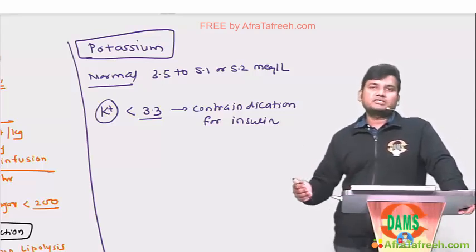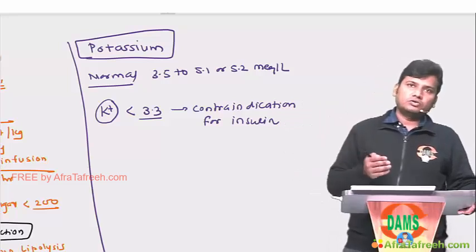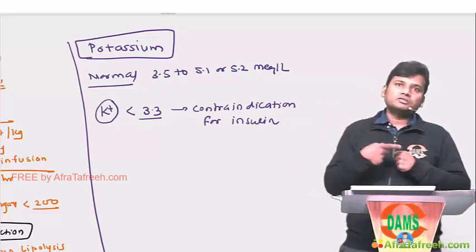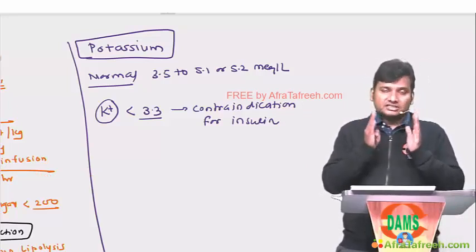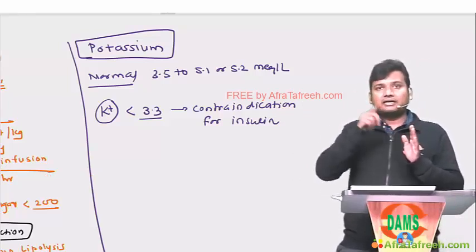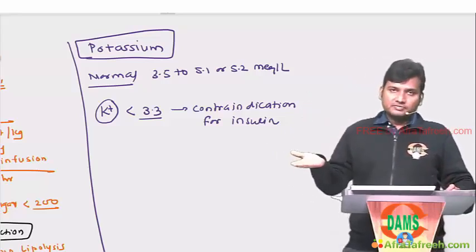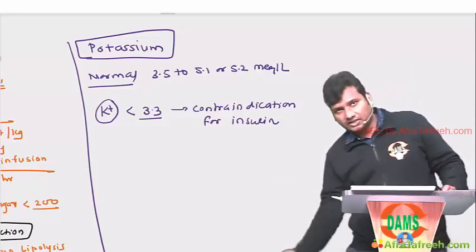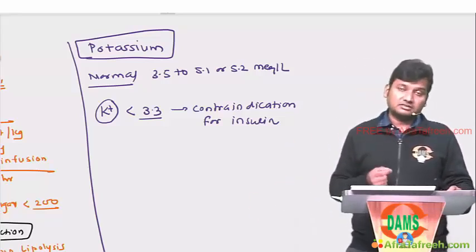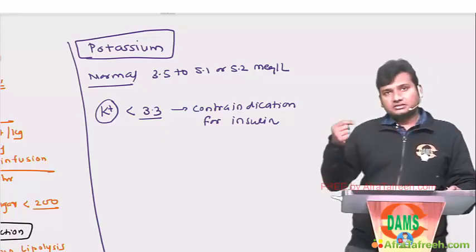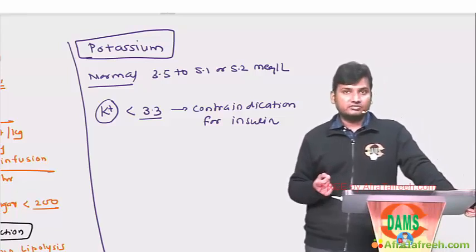Suppose if patient is having potassium level less than 3.3, which is below normal, and if we give insulin intravenously, then what will happen? The potassium in blood will enter in cell. Patient was having low potassium, now it will severely decrease. Patient will suffer from severe hypokalemia, a risk factor for cardiac arrhythmia.